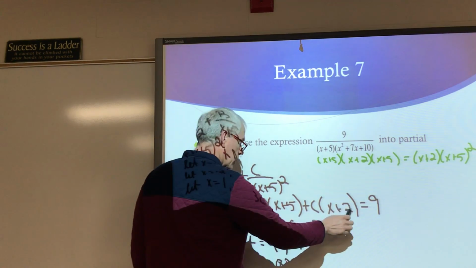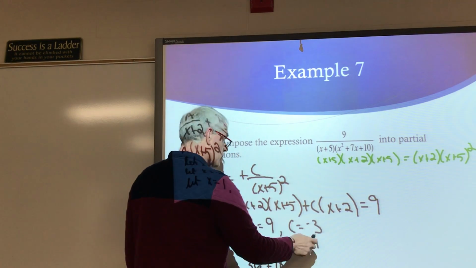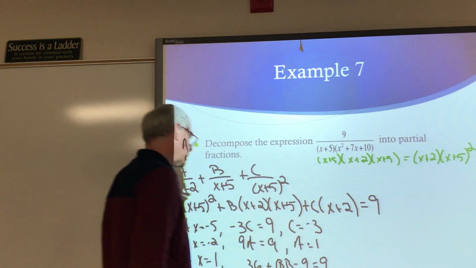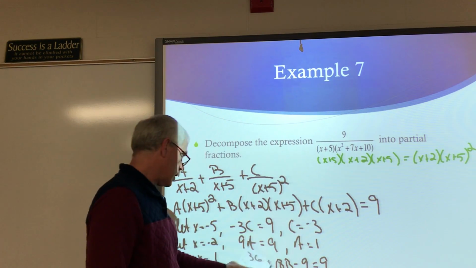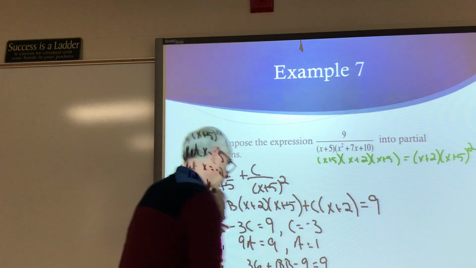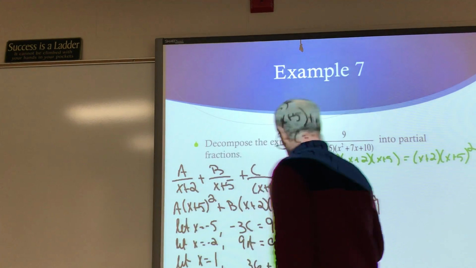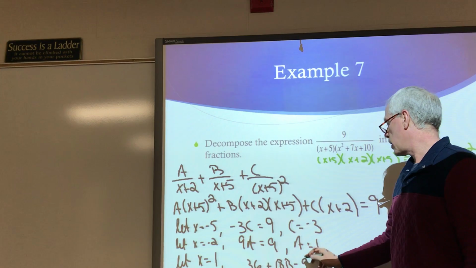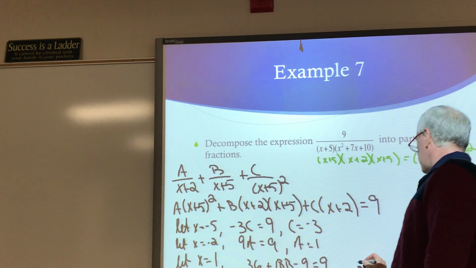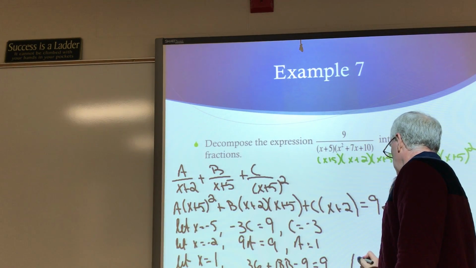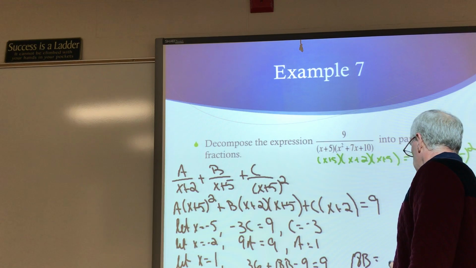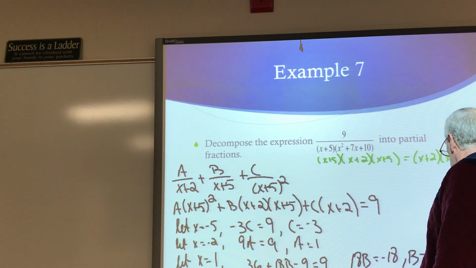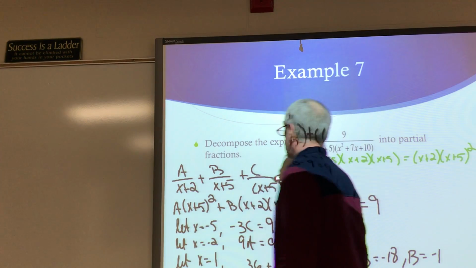Over here, 1 plus 2 is 3 times c, which is negative 3, is a minus 9, and that's all supposed to equal 9. Okay? 36 minus 9 is 27, so I subtract 27, and 9 minus 27 is negative 18. So I have 18b equals negative 18. b equals negative 1. Okay?